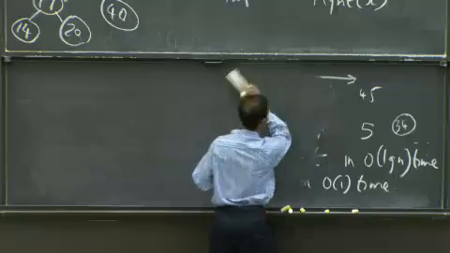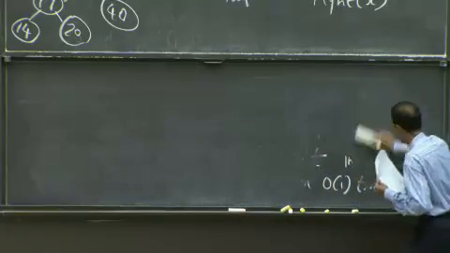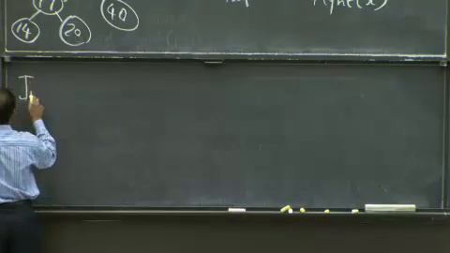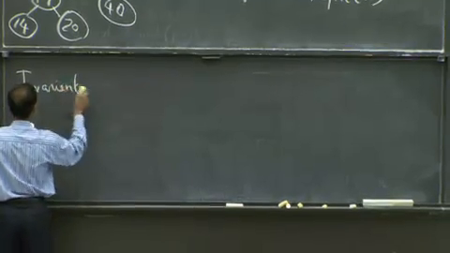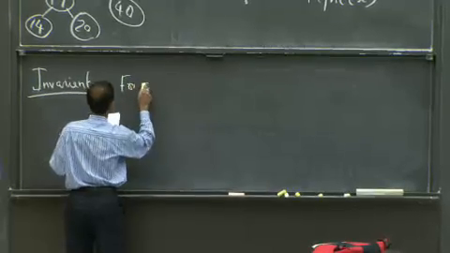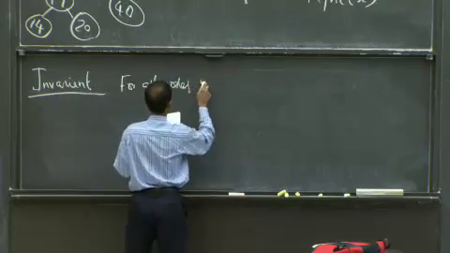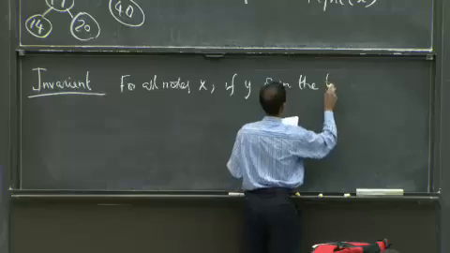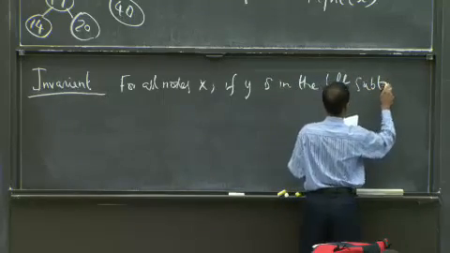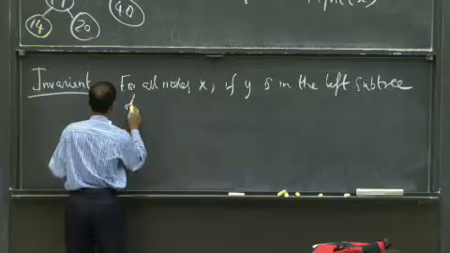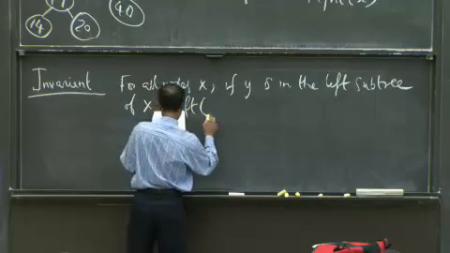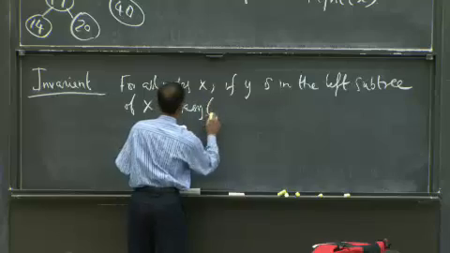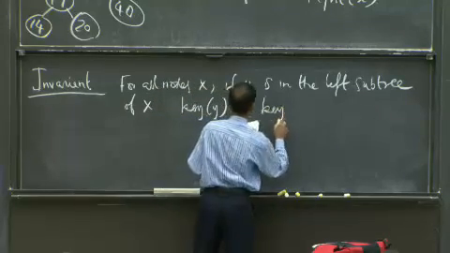for a BST. What makes a BST is that you have an ordering of the key values that satisfy the invariant that for all nodes x, if y is in the left subtree of x, then key of y is less than or equal to key of x.